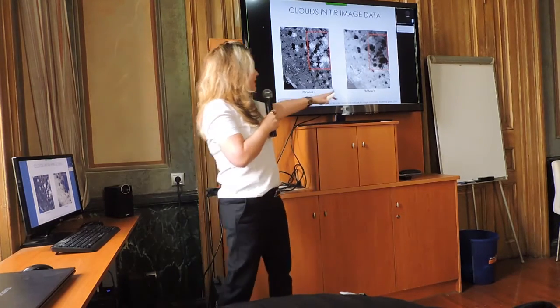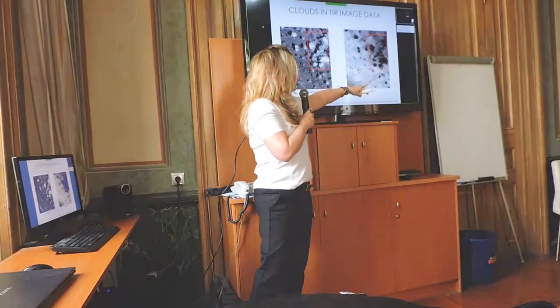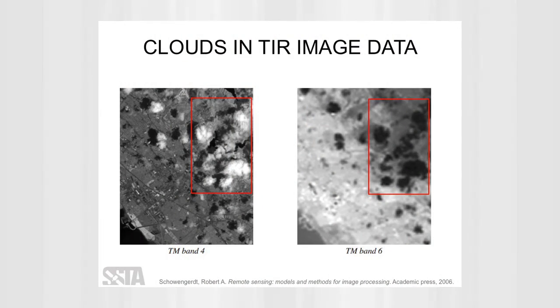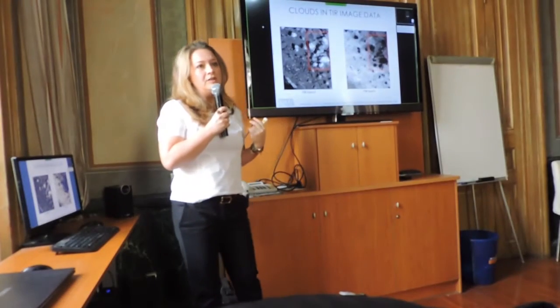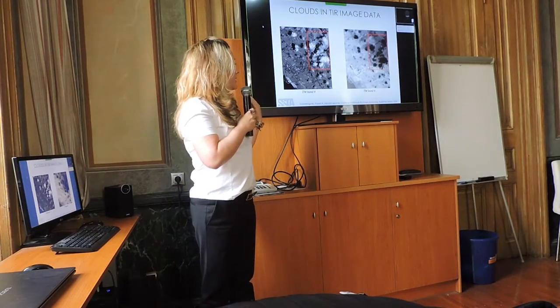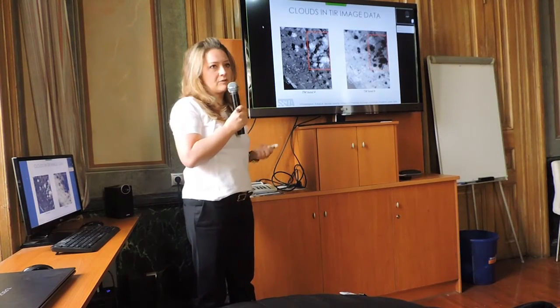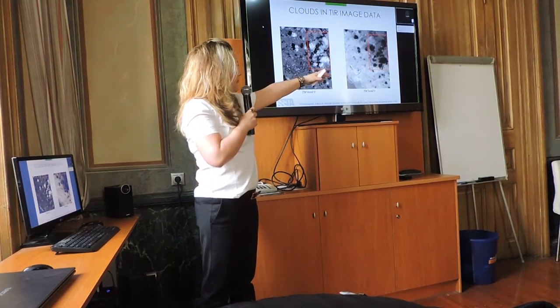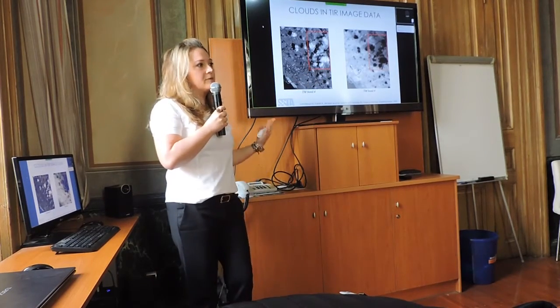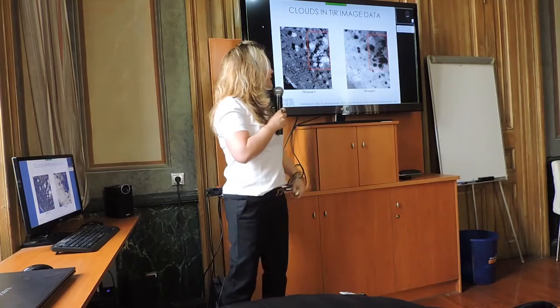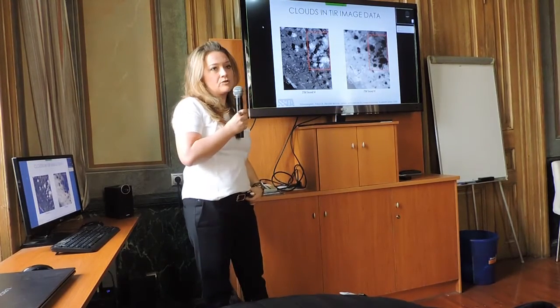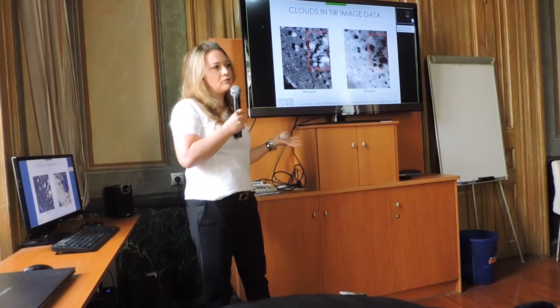Therefore, if you had clouds, you would have this kind of image where the bright pixels correspond to areas with high temperatures, and the dark pixels correspond to pixels with low temperatures, and of course the ones with the lowest temperatures in this scene are clouds, because they are quite high in the atmosphere. So this is what a real thermal infrared image looks like, and this is due to clouds. So when you have clouds, you cannot do anything.